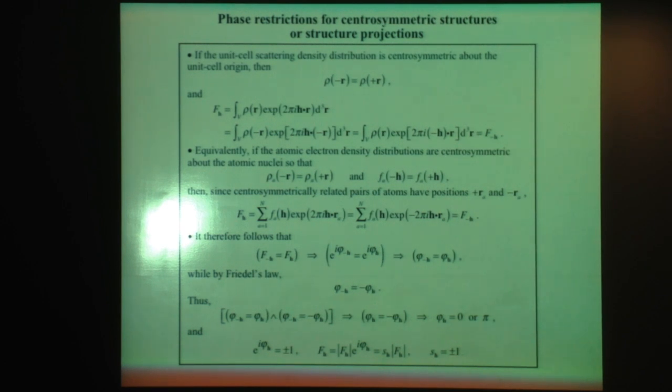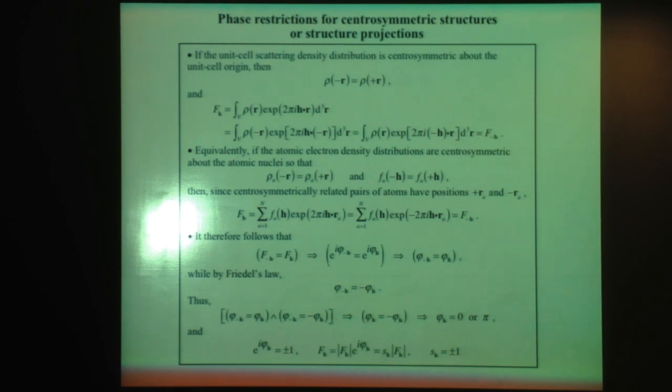In the very common space group P 2 sub 1, 2 sub 1, 2 sub 1, we have three non-intersecting twofold axes, or screw axes, in mutually perpendicular directions. Then we get three projections that have this property of centrosymmetry.